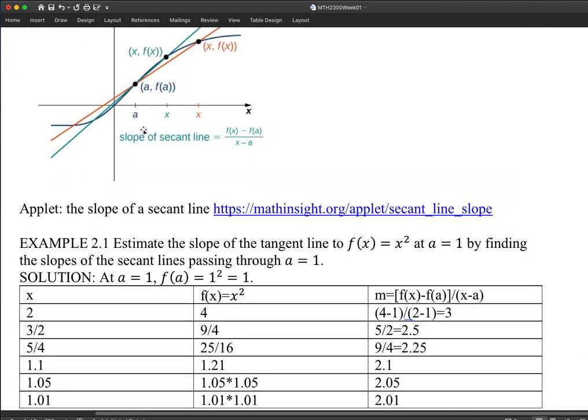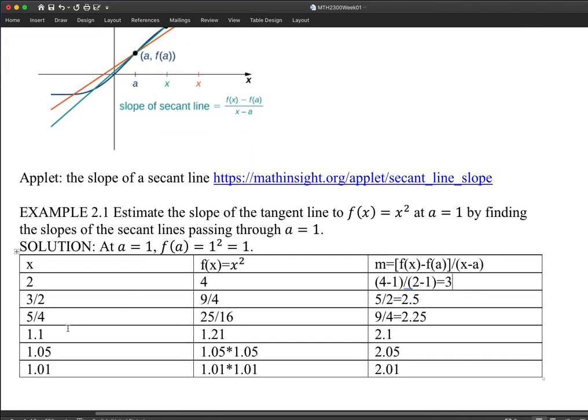And if you are convinced, I continue to choose points closer to 1: 5 over 4, 1.25. It is closer to 1 compared to 3 over 2, 1.5. Then I did a calculation and I see the slope turns out to be 2.25. Same formula.